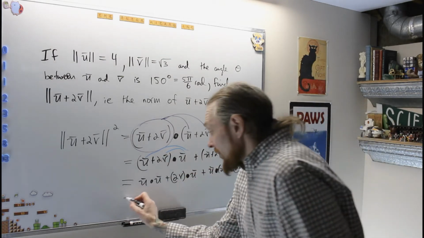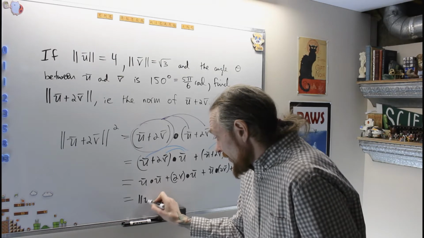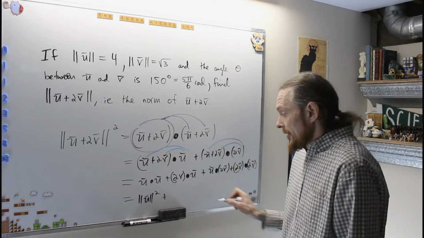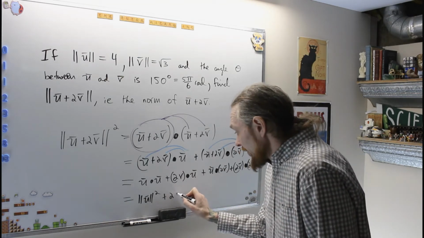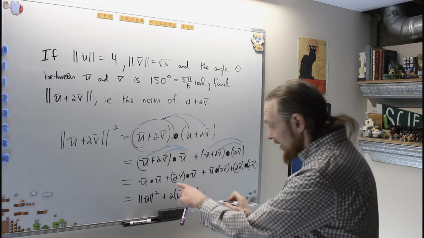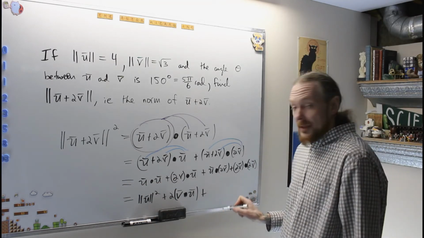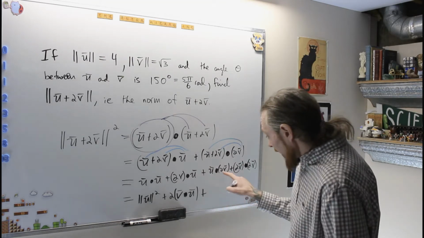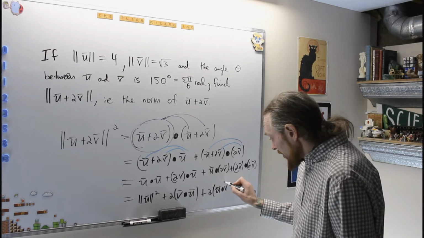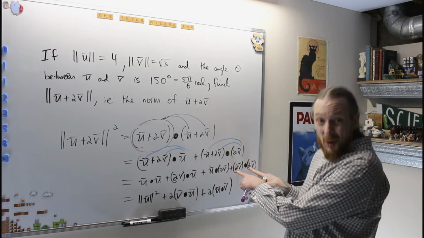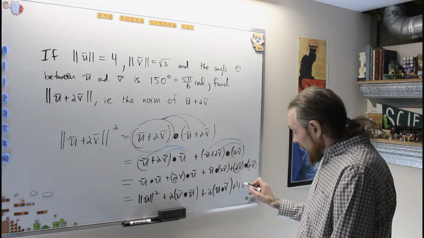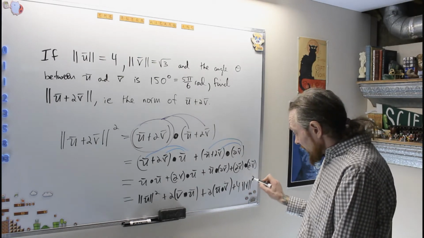So this is equal to the norm of u squared, plus, this one is 2 v dot u, I'll go slow, right now I'm taking the number to the front, plus, next, it doesn't matter what coordinate it's in, I can also write that as 2u dot v. And here I've got a 2 in both coordinates, I'm going to pull them both to the front, 2 times 2 is 4, and then we have v dot v, which is the norm of v squared.